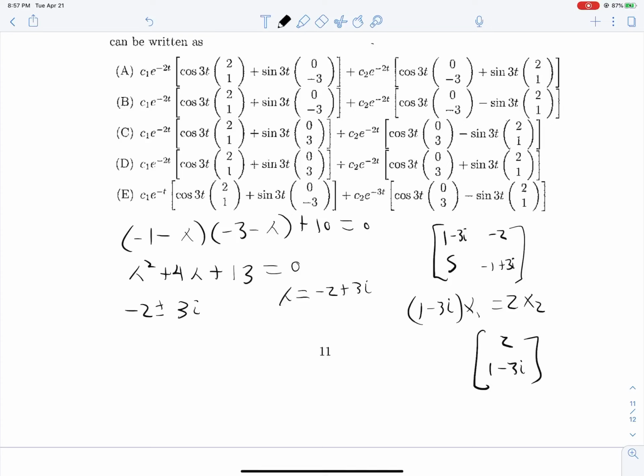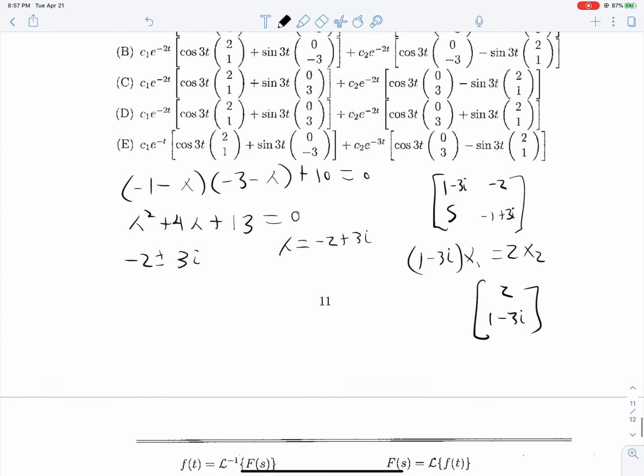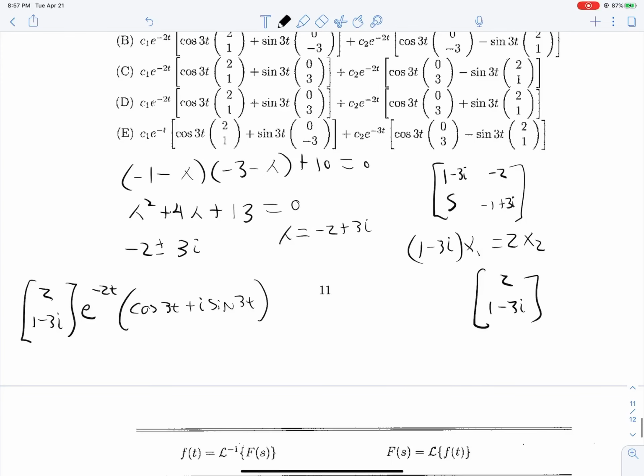Okay, and now all we're doing is taking this eigenvector 2, 1 minus 3i, multiplying it by e to the lambda t, which is e to the negative 2t, and then we can split off into another e to the 3it. This, exponentiated, will become cosine 3t plus i sine 3t, and we can expand this into a real portion of our solution and an imaginary portion of our solution, and we'll be good.